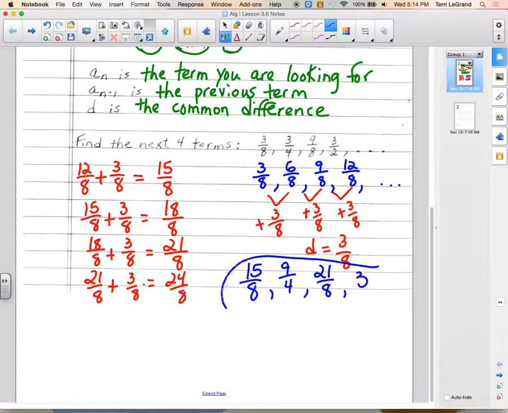There are our next four terms of that arithmetic sequence. So finding next terms of the sequence, this is the kind of process we need to go through and the kind of work you need to show. Okay, let's move on to see what we're going to do next here.